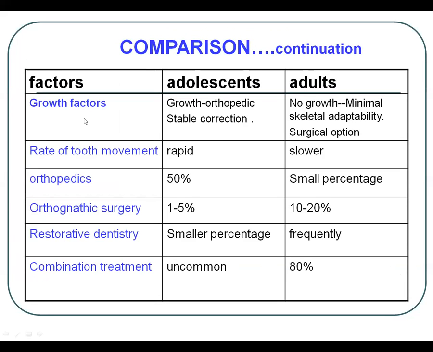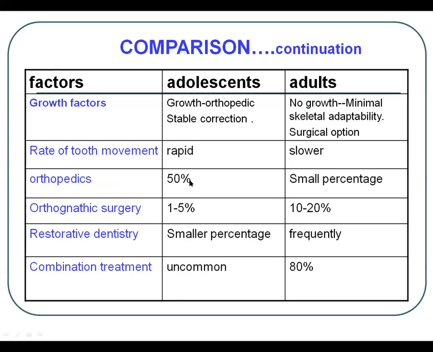Next, growth factor. In adolescents, orthopedic appliances can be used and the results are more stable. Whereas in adults, there is no growth potential, so the only treatment option will be surgical. Rate of tooth movement is rapid in adolescents, whereas in adults it is slower.